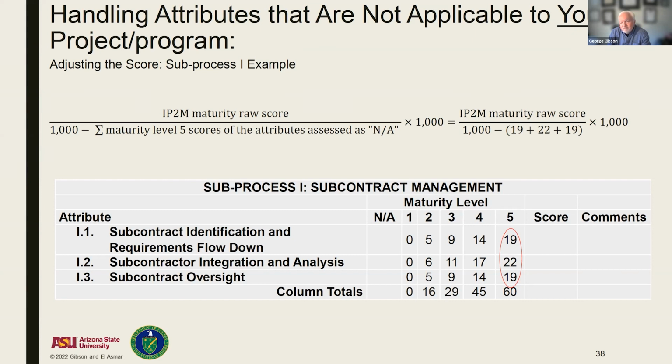The tool does this in the background for you. If you're doing this by hand on the paper version, then you have to actually take this into consideration. In most cases, it doesn't change the score very much unless you have lots of not applicables.